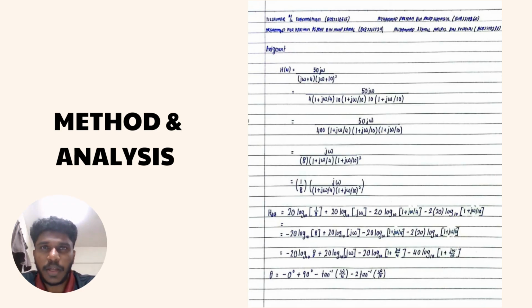Because of the fraction inside the bracket, it will change into negative 20.